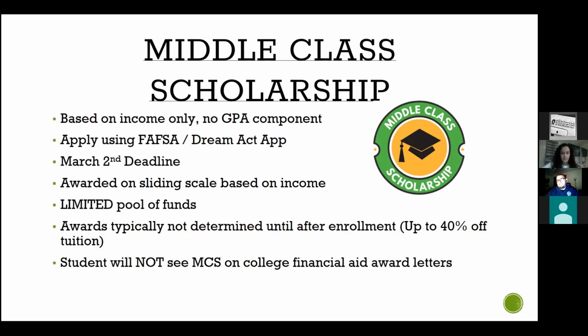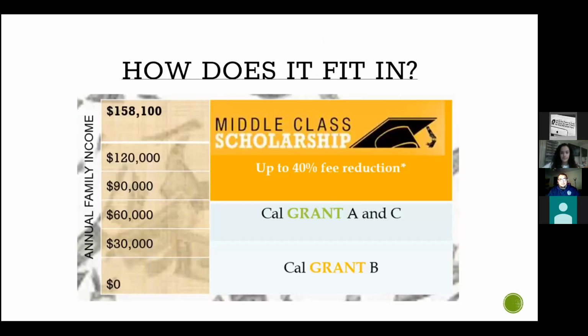It's the same thing. Again, apply with the FAFSA or DREAM Act by March 2nd, and that's how they would qualify. So instead of getting a Cal Grant A, Cal Grant B, a Pell Grant, or a State University Grant, they might just get offered this, depending on their EFC and their family income. So how does it fit in? This is a little breakdown of how to qualify, more or less what you would get.